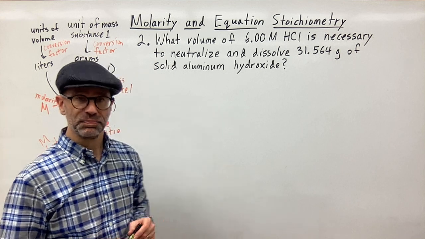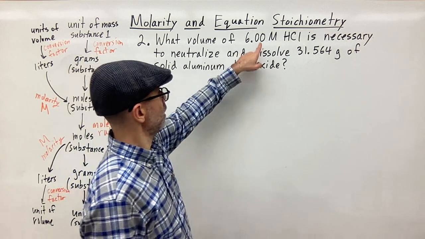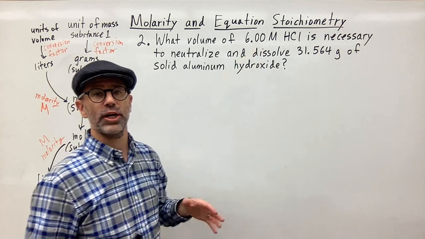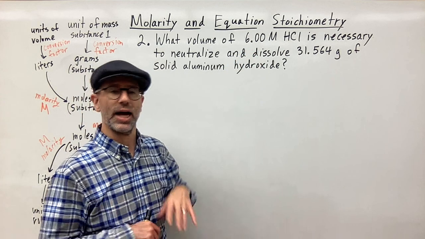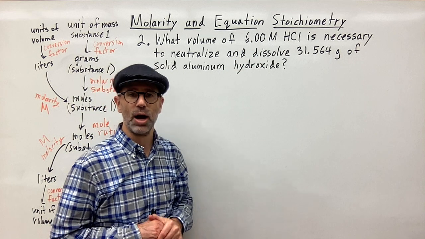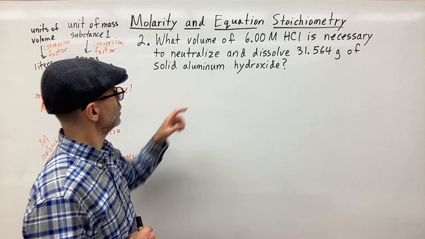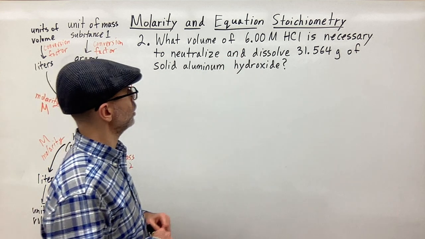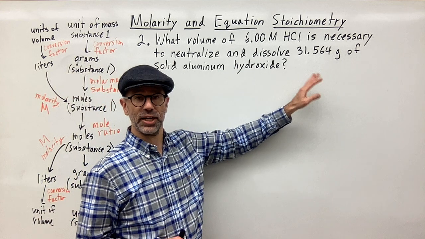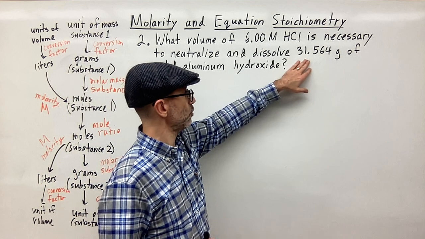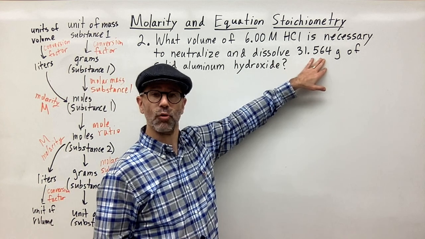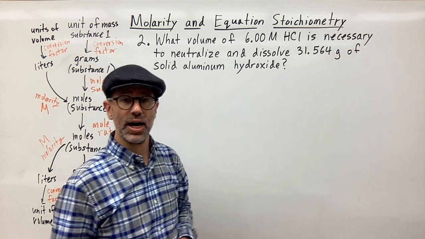Here they're giving us molarity. Whenever you see molarity, you should be thinking conversion factor. We're not going to start with molarity in our problem. You never start with a conversion factor. So we're not going to start with 6.00 molar. The only other information we're given is that we have 31.564 grams of the aluminum hydroxide.